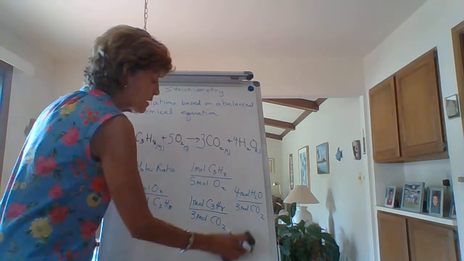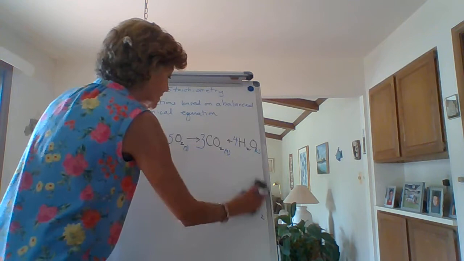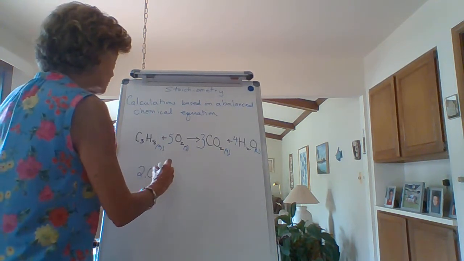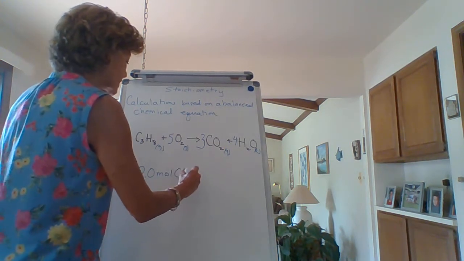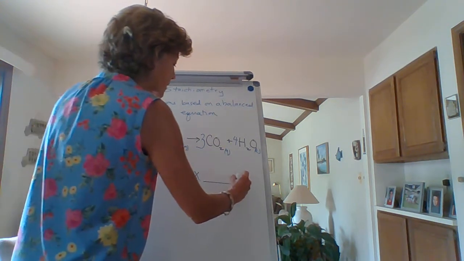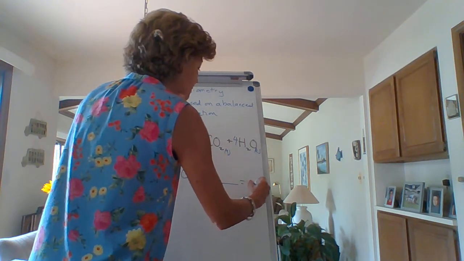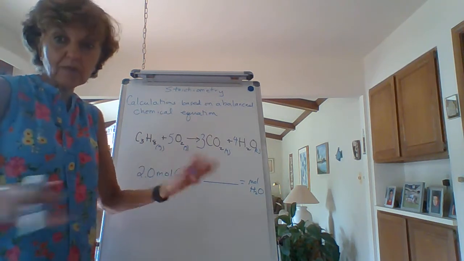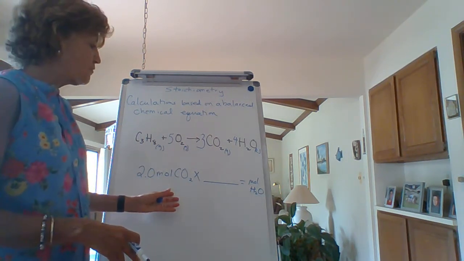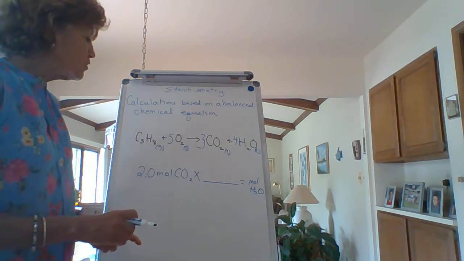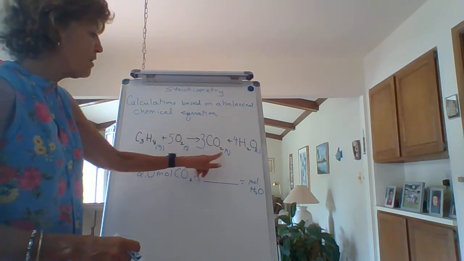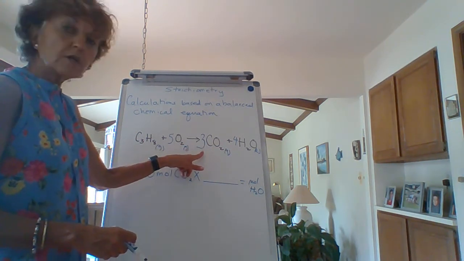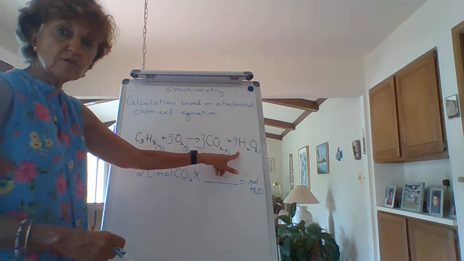So let's say, for example, on a really simple level, you knew that you are going to be producing 2 moles of carbon dioxide. And you want to know how many moles of water will be produced at the same time. Well, what you do is you can relate carbon dioxide to water through the molar ratio. For every 3 moles of CO2 produced, you will be producing 4 moles of H2O.